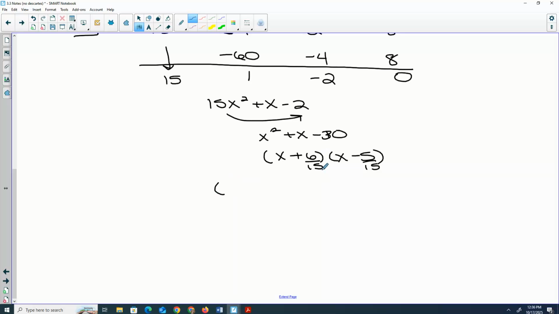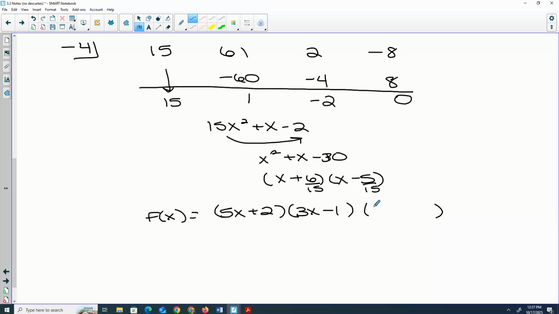So, divide those by 3, so 2/5, so 5x plus 2, and 3x minus 1. All right, my factored form, that's not all of it. It was an x to the third, so I need 3 parentheses. What's my other one? X plus 4.